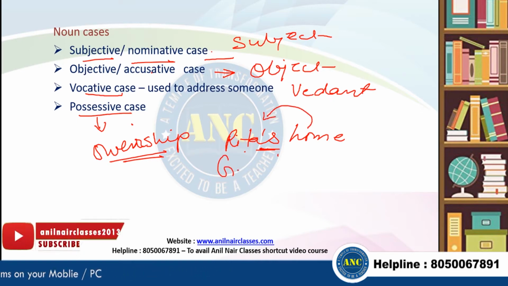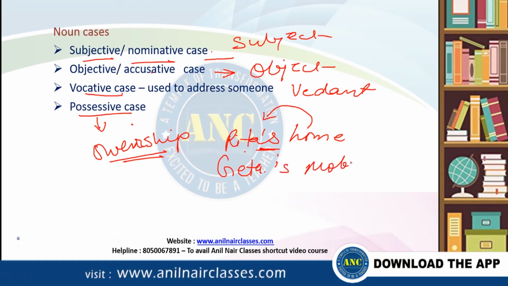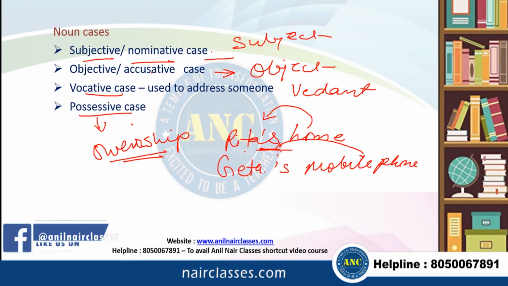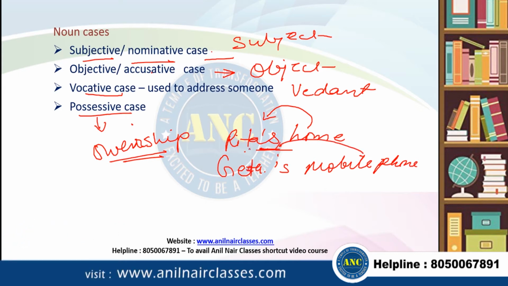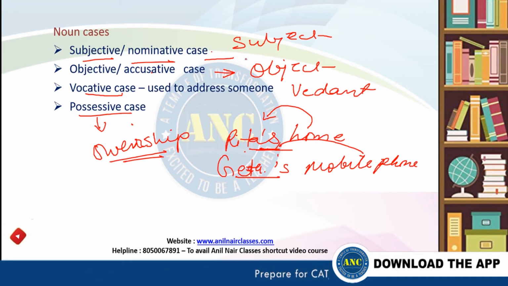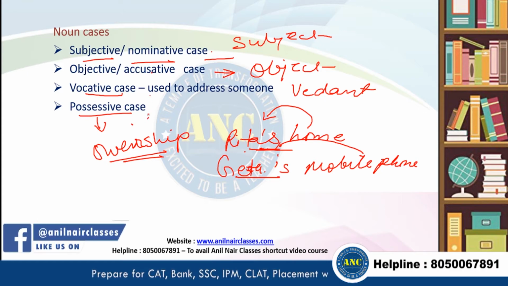If I say Geeta's mobile, whose mobile phone am I talking about? Geeta's mobile phone. So this is how we find the possessive case. So 4 cases for the nouns: subject case, object case, vocative case and the possessive case.